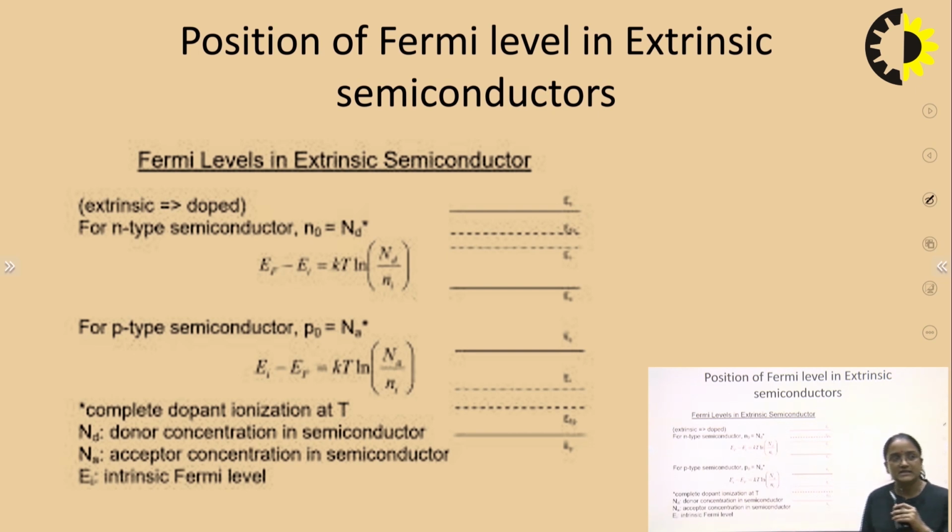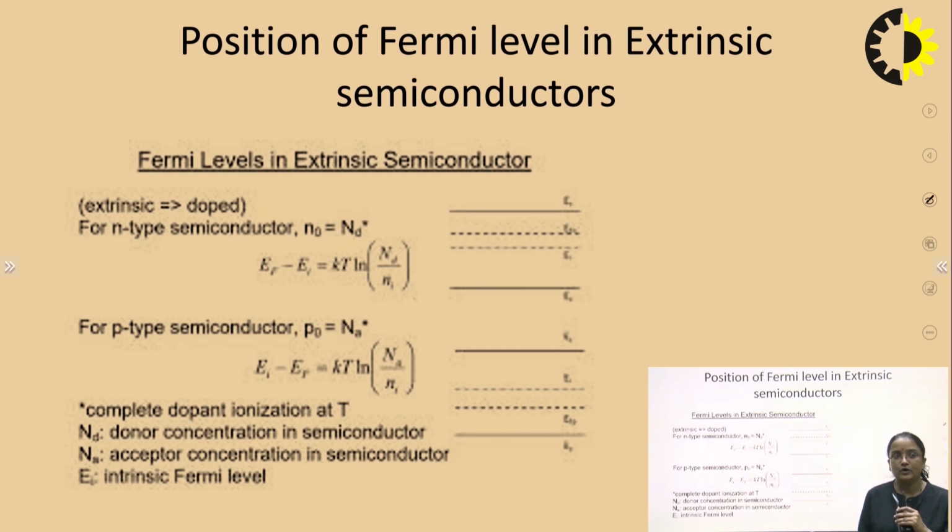These are the expressions that we obtained after mathematically deriving them. First, for the N type, the expression defines the position of the Fermi level with respect to your intrinsic level, that is EF, EC minus EI, particularly for N type.